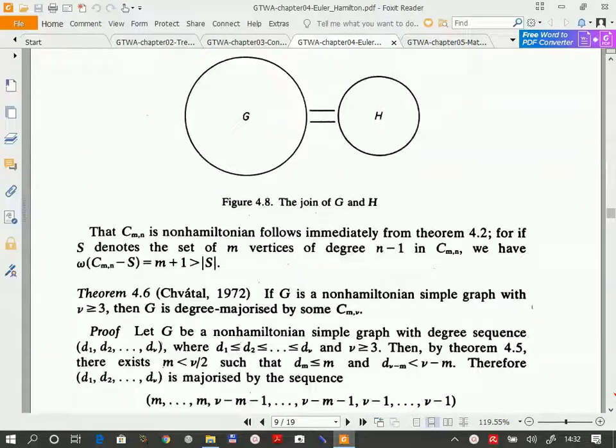It's easy to produce non-Hamiltonian graphs. For instance, if you have a cut vertex, okay, this surely cannot be Hamiltonian, because if you are here and you must be here sometimes, then you go through here, and then if you want to go back to this, you have to pass twice through the cut vertex.